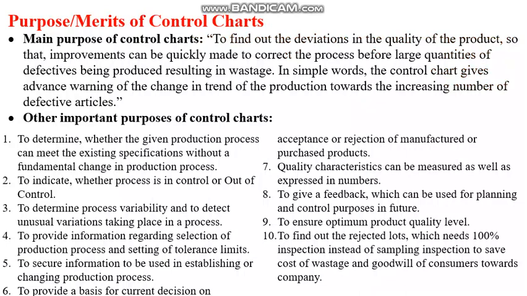That means the control chart gives us advance warning. You need not produce many parts before detecting. In a few parts, the moment you start producing, you take the data and plot the charts, and you will come to know whether the process is in control or out of control. Thereby you will be able to take corrective action and wastage is avoided.